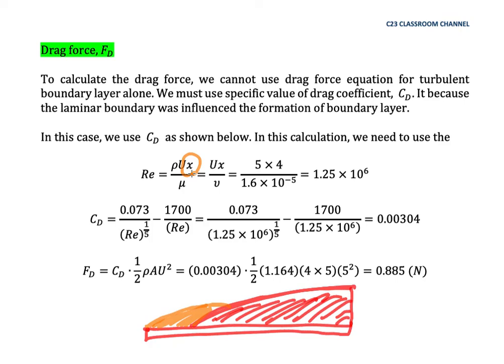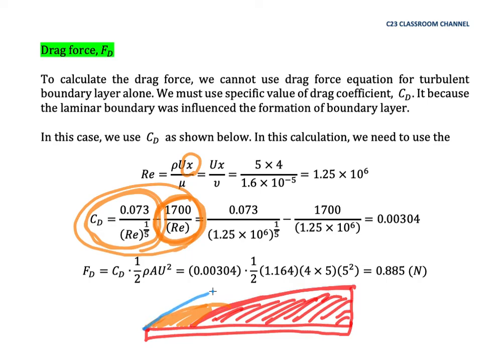Then we use the CD of this one. If you see the equation, this CD is actually the CD that we get from the 1/7 power law, but we need to subtract a certain amount of value here. If we assume it is 100% turbulent, we need to deduct this amount.